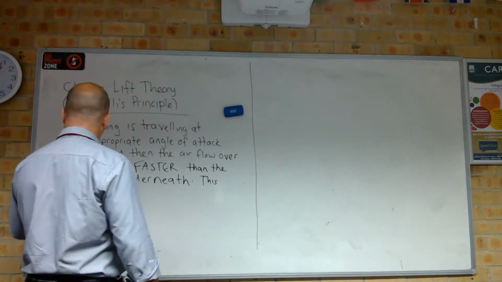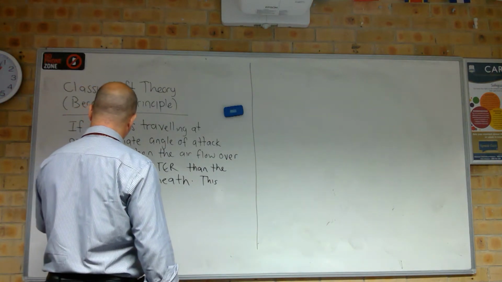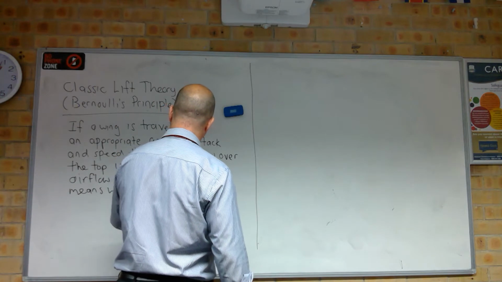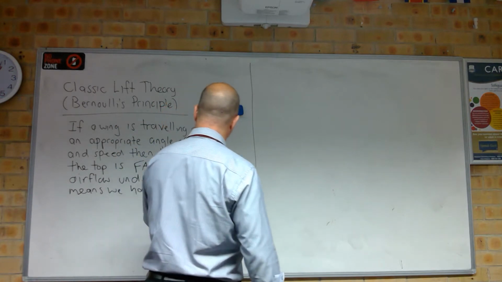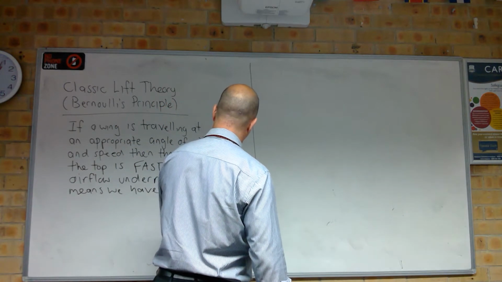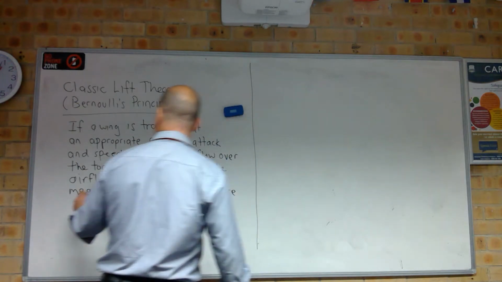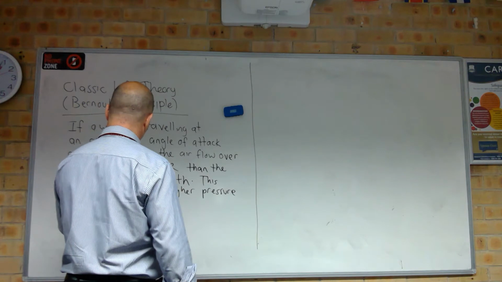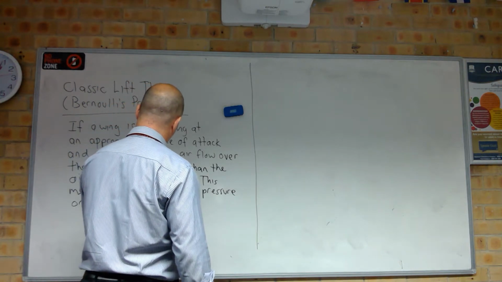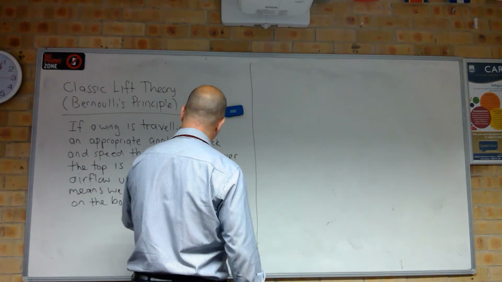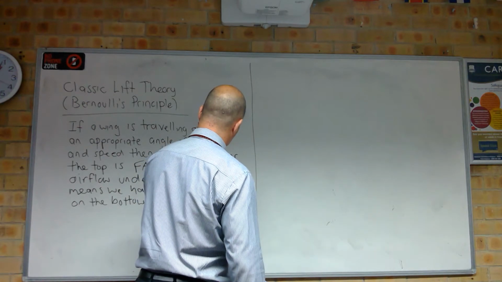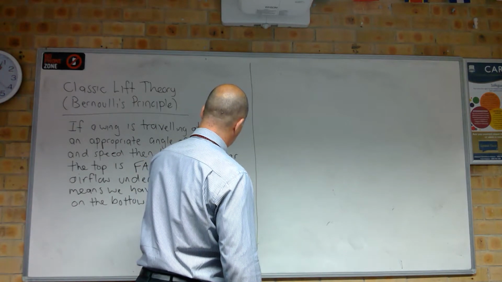This means we have higher pressure on the bottom of the wing and lower pressure on the top.